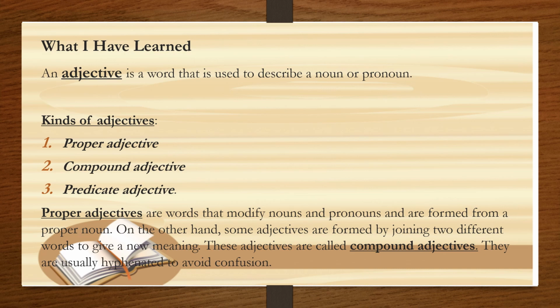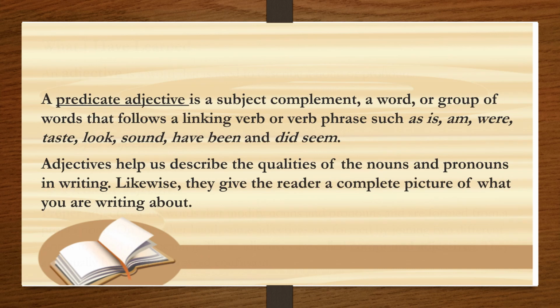On the other hand, some adjectives are formed by joining two different words to give a new meaning. These adjectives are called compound adjectives. They are usually hyphenated to avoid confusion. Also, there are other adjectives that come after a linking verb and modify the subject of the linking verb. They are called predicate adjectives.